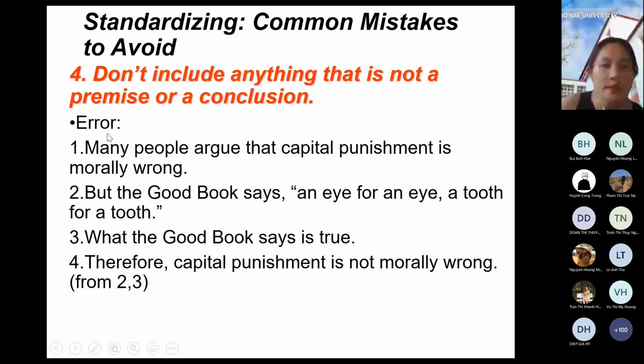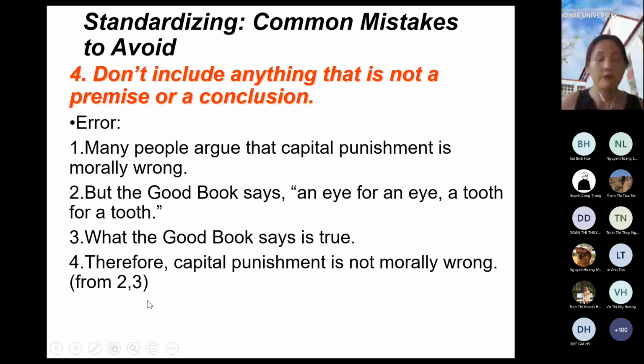We see that the argument has 4 statements, and it seems like the fourth one is the conclusion. We have the word therefore. So therefore, capital punishment is not morally wrong. And then we have the justification from 2, 3. So this conclusion is met based on premises 2, 3.